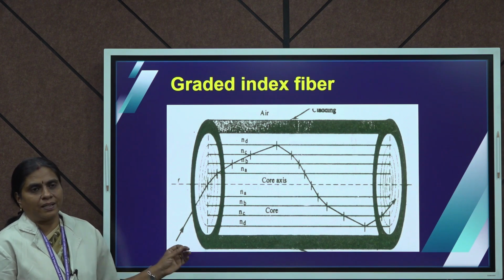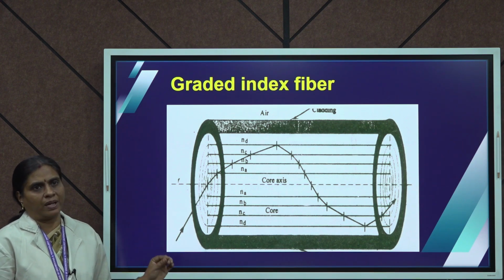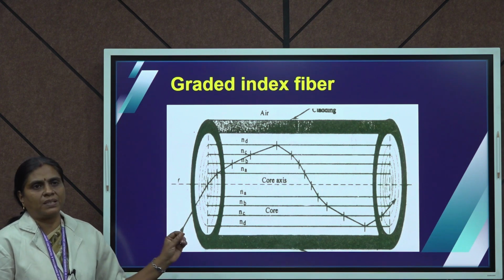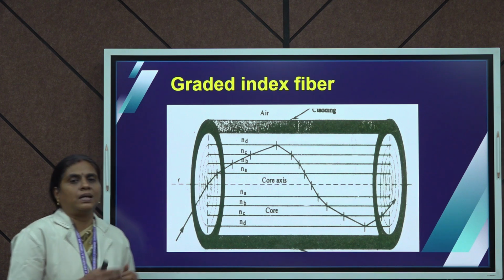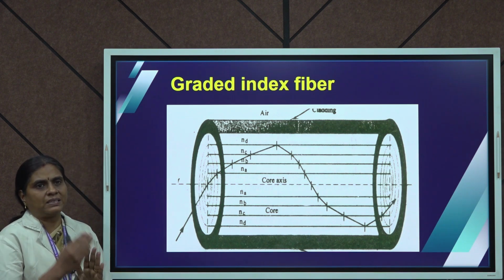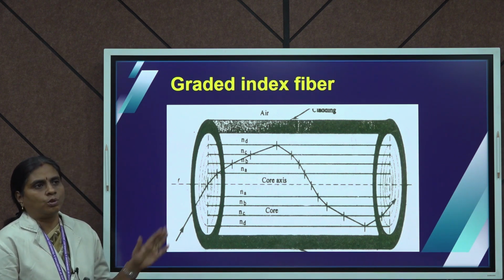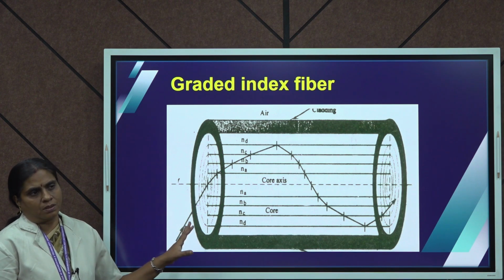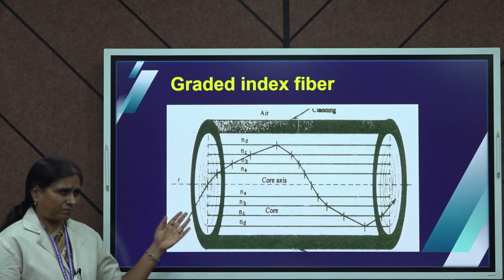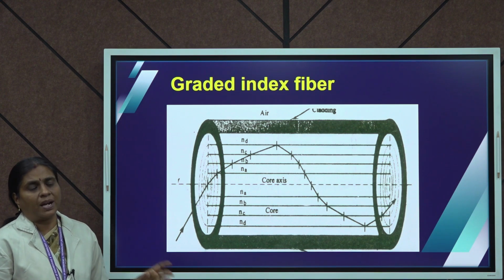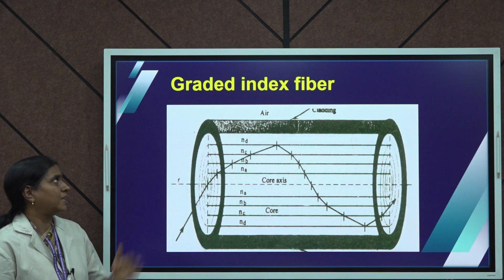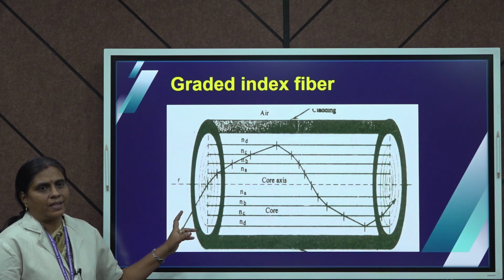And the next category is based on the refractive index profile, they can be split into step index fiber and graded index fiber. In the case of step index fiber, the refractive index varies step by step. There are two types of step index fiber. One is single mode step index fiber and the other one is multi mode step index fiber, and the final one is graded index fiber.